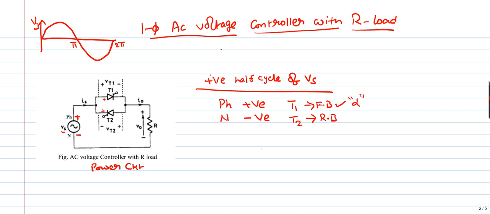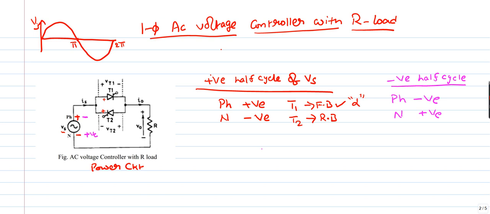Now at pi, the polarity of the source voltage gets reversed. That means it is the starting point of the negative half cycle. During the negative half cycle of the supply, the phase terminal is negative and the neutral terminal is positive.